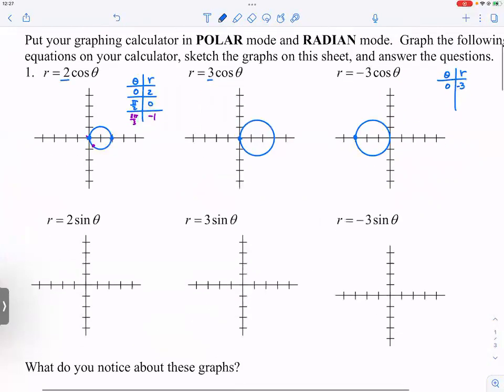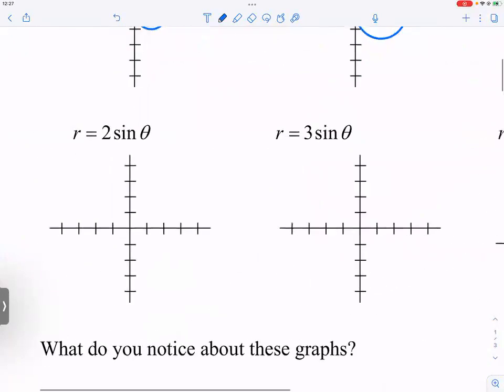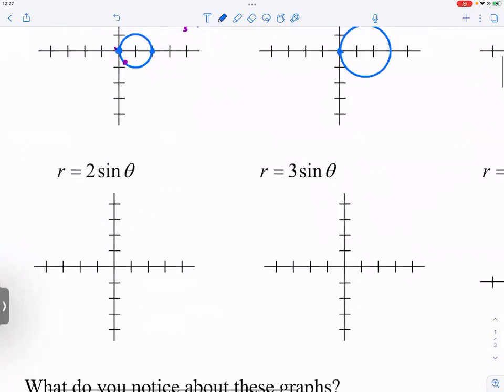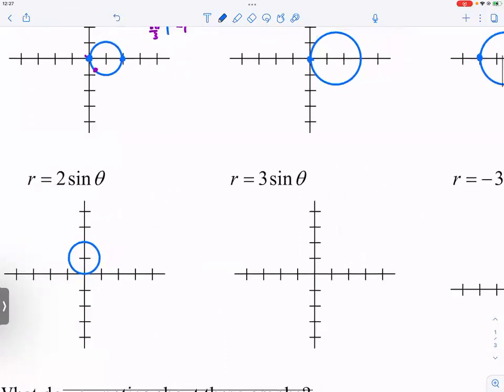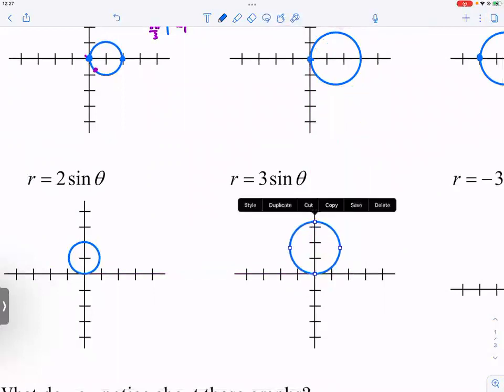So these are the cosine graphs. And if you have the sine graphs, then you should have something very similar, except that the graphs would look like this. The graphs would look like this.